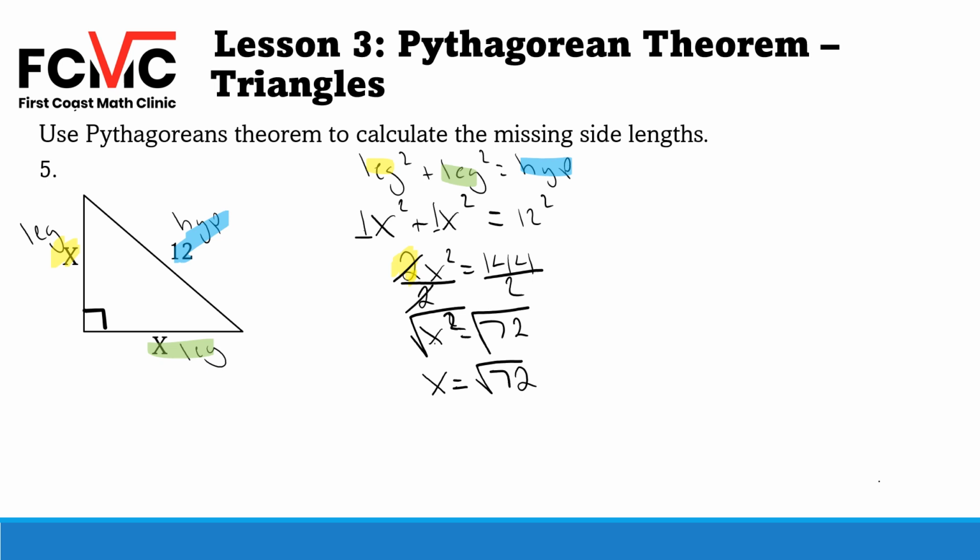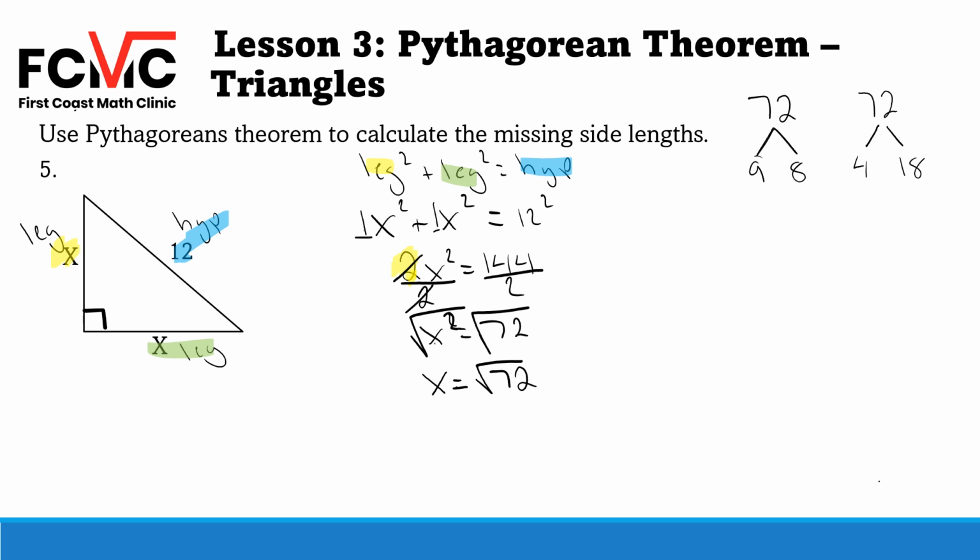So now I want the largest perfect square that goes into 72. So let's think of our factors of 72. Let's factor out 72 up here. Some more factors. Well, we've got like 9 and 8. Okay. Can we do any better? Maybe we've got like 4 and 18.